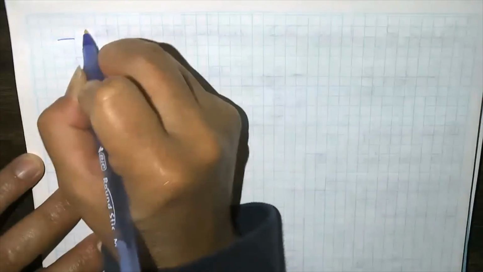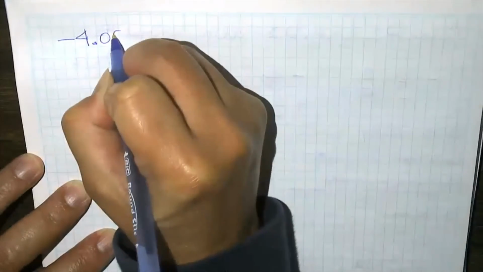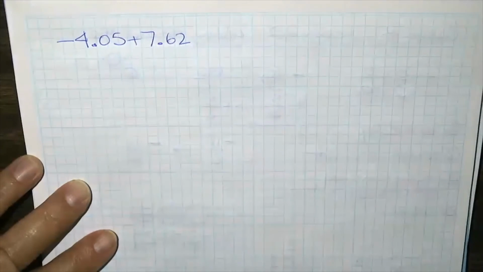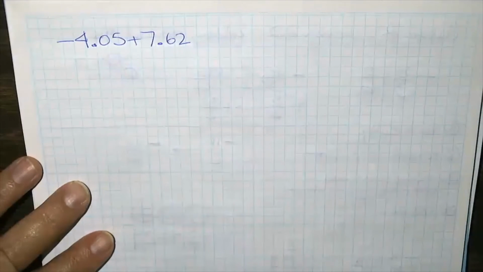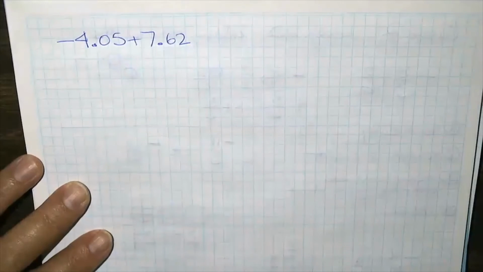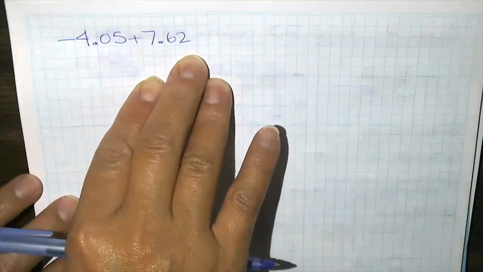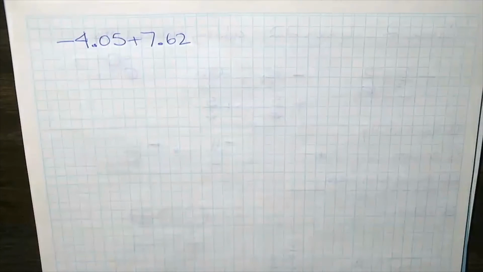So we have -4 and 5/100 plus 7 and 62/100. So here again, the book is giving us this problem horizontally. And adding and subtracting decimals is hard to do horizontally. We need to do it vertically.